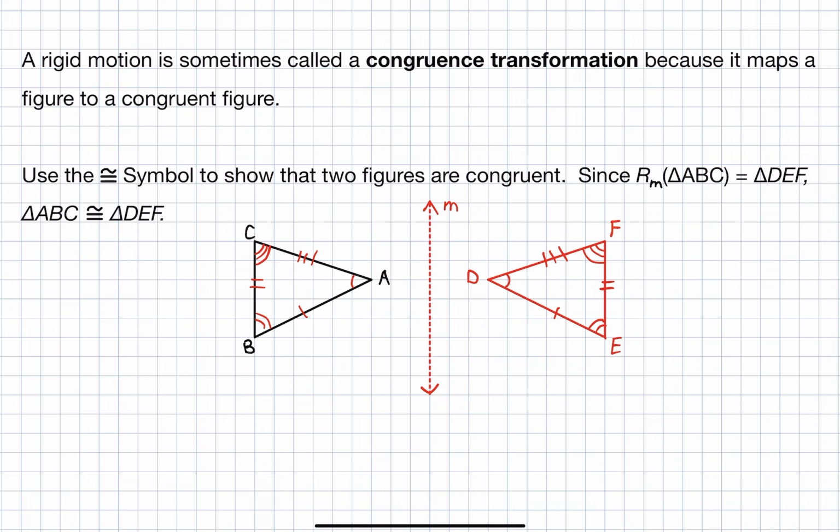And then angle C has three arcs, and angle F has three arcs as well. And so both of those angles are equal. Okay, so those are another way to specifically specify that the segments and the angles in this triangle are exactly equal to the segments and angles in triangle DEF. And since they're both the same, meaning they're equal to each other, and we have a reflection across the line M, then the triangles are congruent to each other.